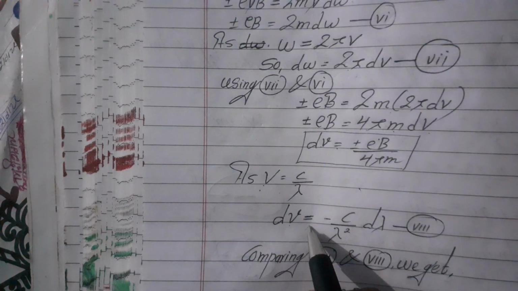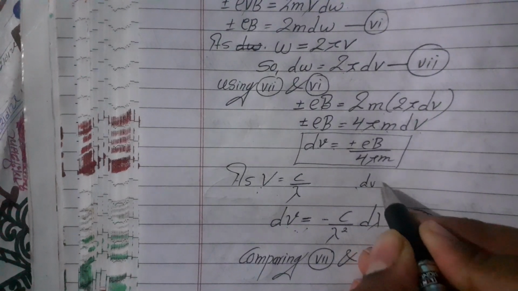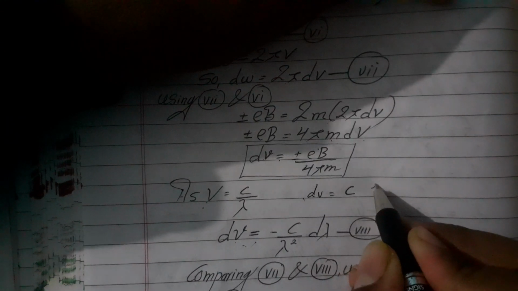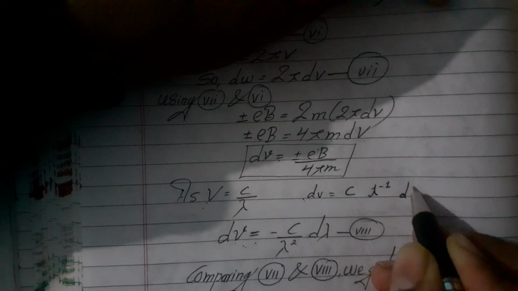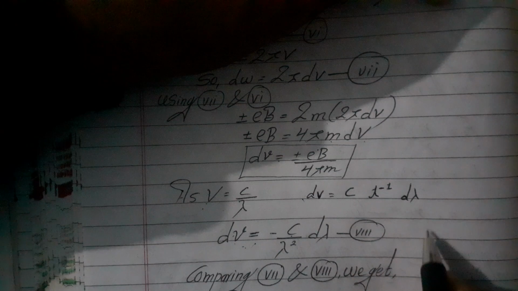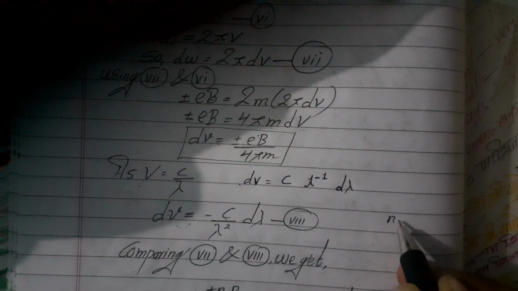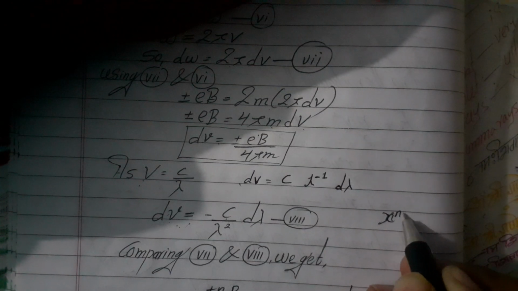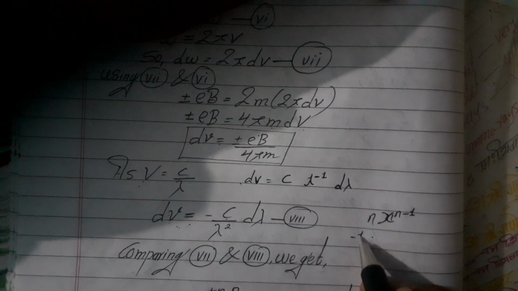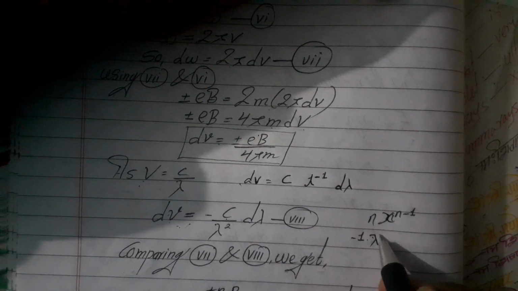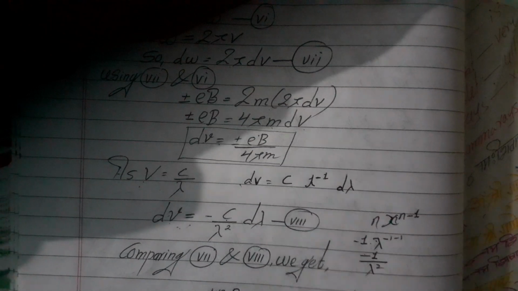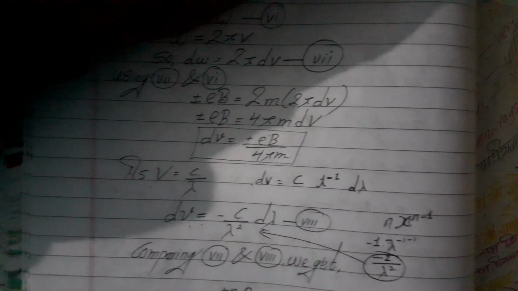Here c is a constant, and 1 by lambda means lambda to the power minus 1. Using the formula for x to the power n, the derivative is n times x to the power n minus 1, so we get minus 1 by lambda square. We have written it here. Got it?